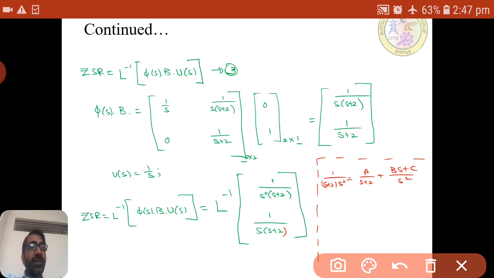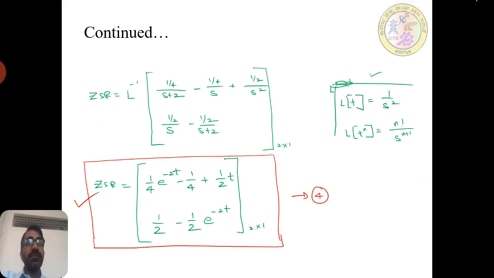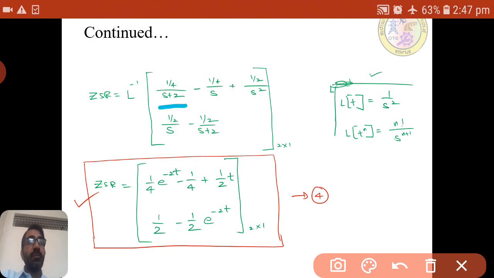Whatever this term is, we can represent it individually as an s plus 2 term and an s square term. That will be given as 1 by 4 divided by s plus 2, minus 1 by 4s, plus 1 by 2 s square. Similarly, s into s plus 2 we can represent as 1 by 2s minus 1 by 2 (s plus 2).